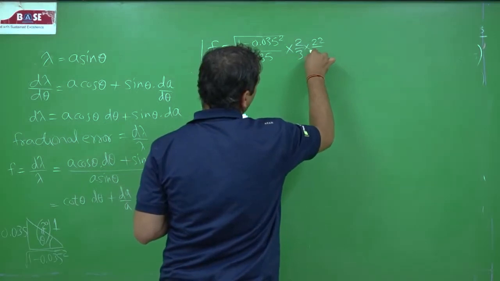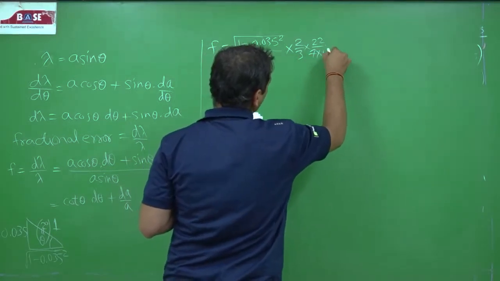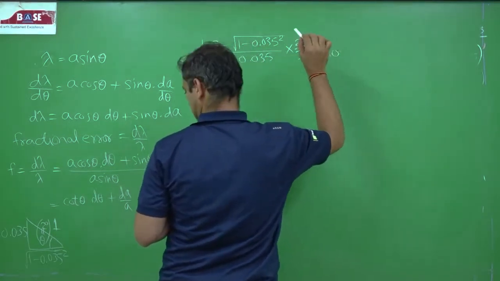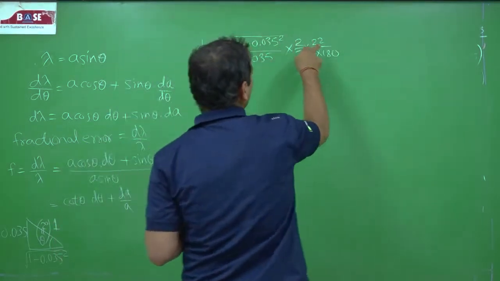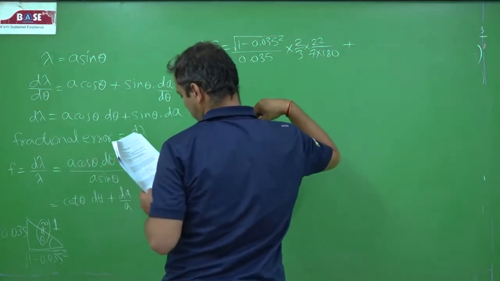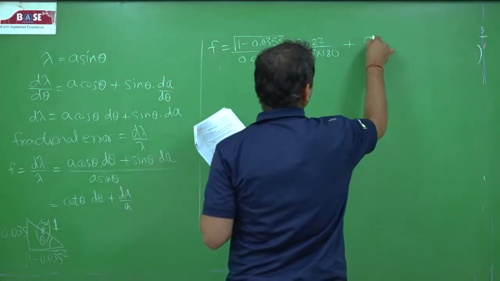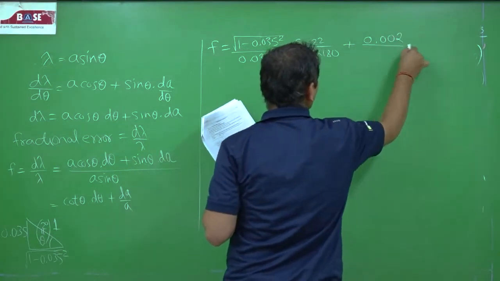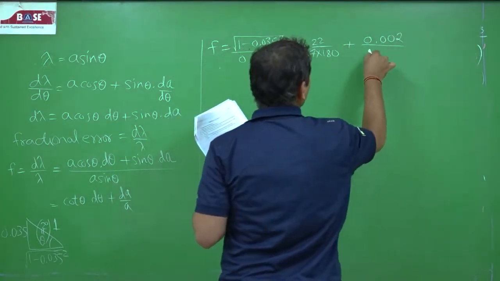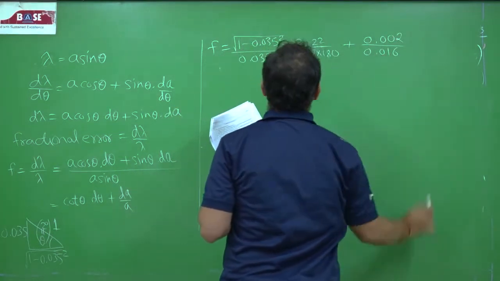Pi is 22 by 7 and 180 is also there in the denominator. This is just cot theta into d theta, plus dA by a. The dA value is given as the error in a, 0.002, divided by a, which is 0.016.